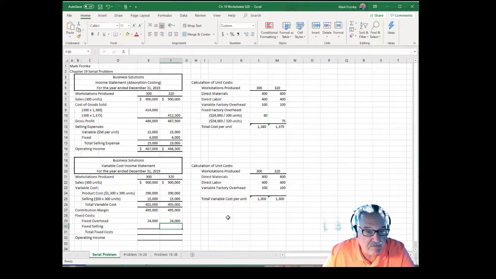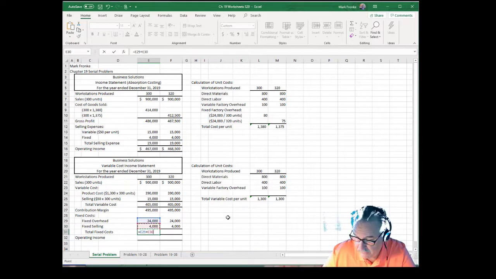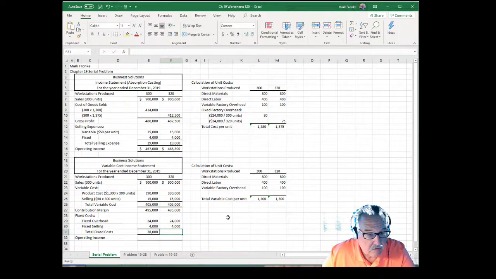So here's where the difference is going to come into play. Under a variable cost income statement, we just expense our fixed product cost. In this case, it's $24,000. We have $4,000 as fixed selling, so our total fixed is $28,000.